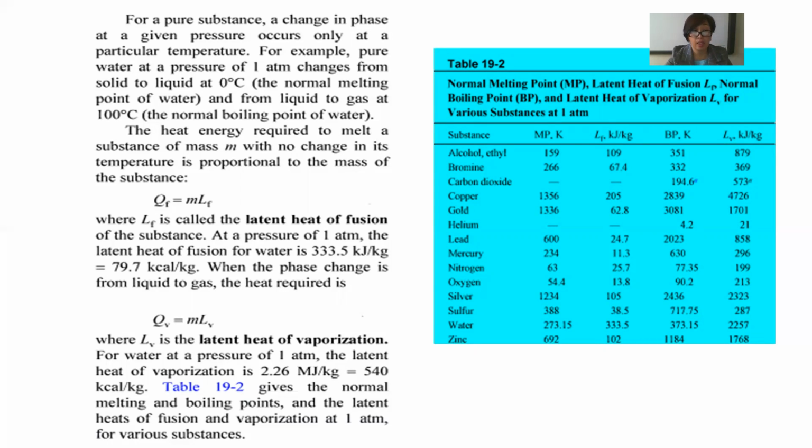This is a phase change, and there are different types of phase change: liquid to vapor or gas, and solid to liquid, and so on. In this formula, the phase change is from liquid to gas.